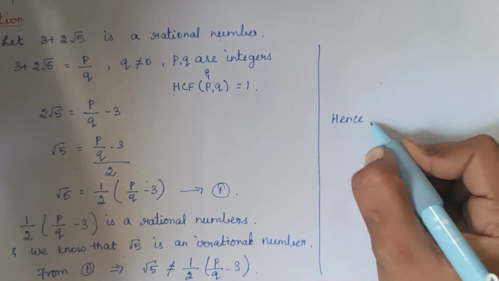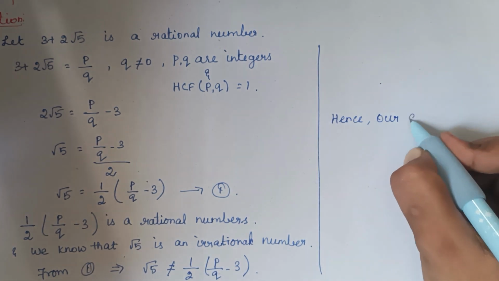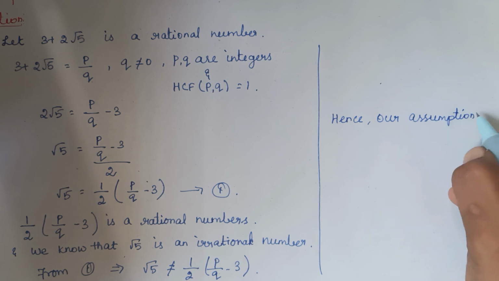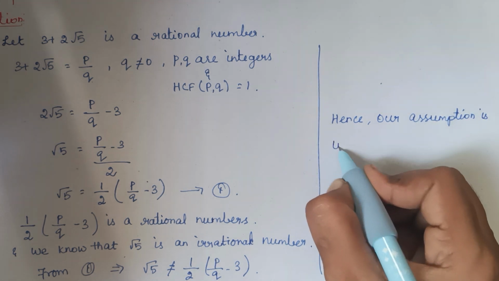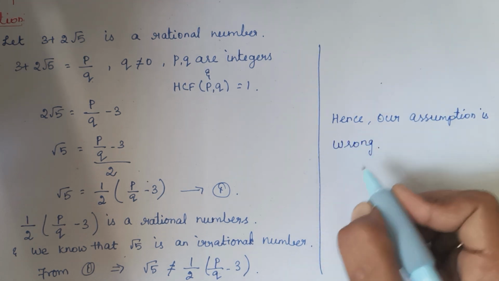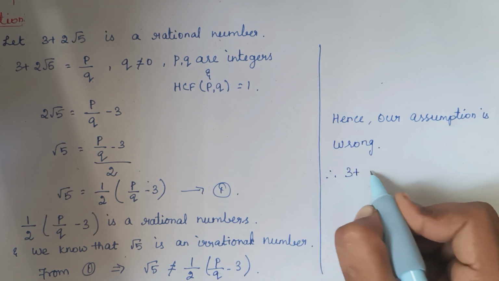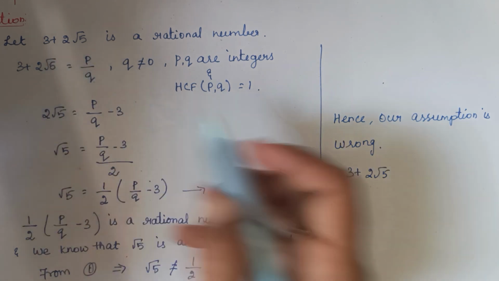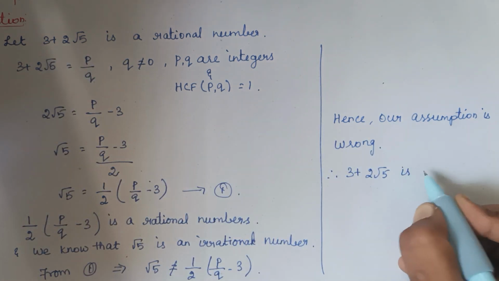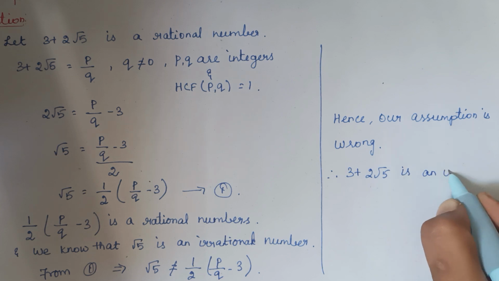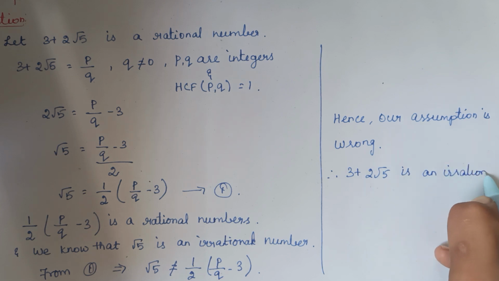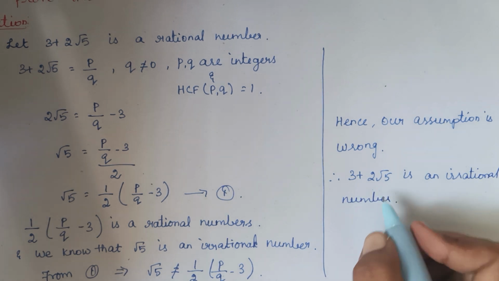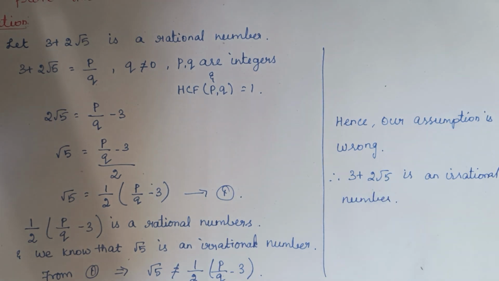Hence, our assumption is wrong. Therefore, 3 plus 2 root 5 is an irrational number. It is proved that 3 plus 2 root 5 is an irrational number.